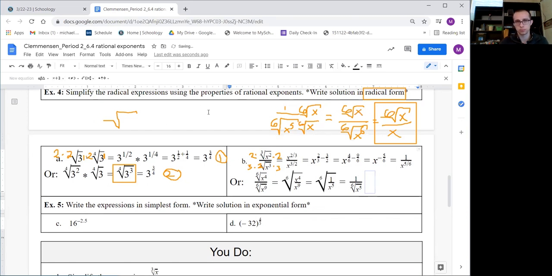Equals, fraction bar, nth root of my 6, x over x. And that is my true final answer right there.